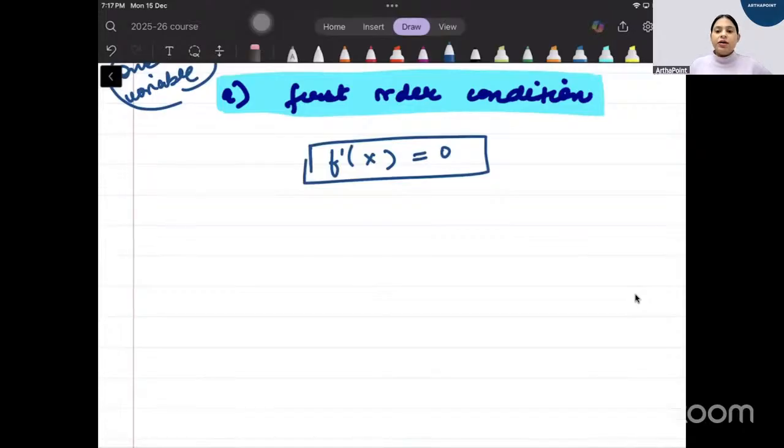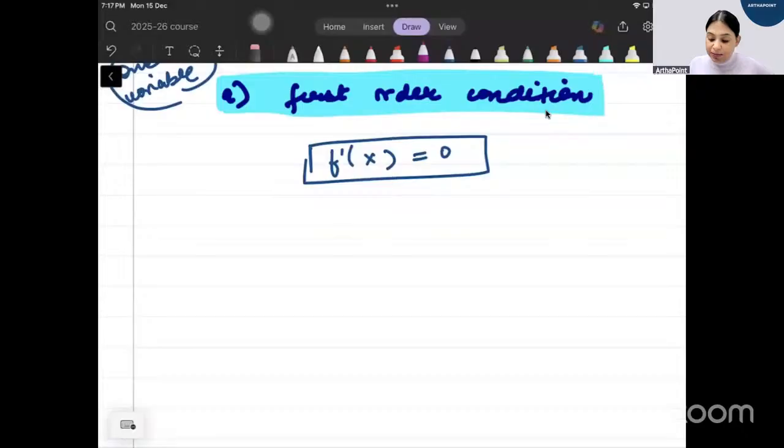Now, because I am differentiating the function and equating it to 0, first order condition में, ये सिर्फ तब possible होगा अगर मेरा function differentiable होगा. Otherwise, it's not possible.